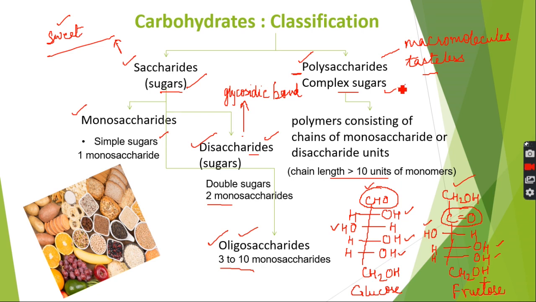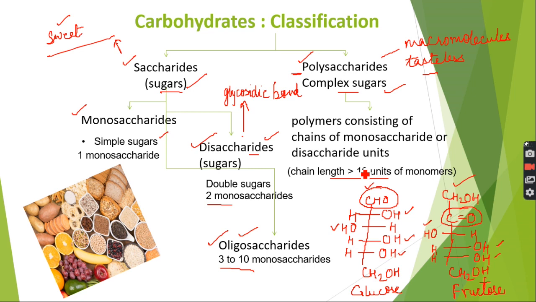In reality, these polysaccharides are big molecules containing hundreds to thousands of monosaccharide units. It's not just more than 10, but for the sake of classification, you can say more than 10 units, we start calling them polysaccharides.